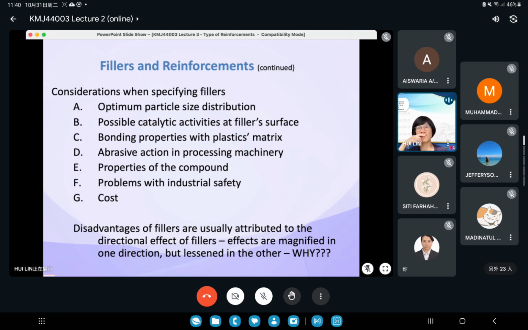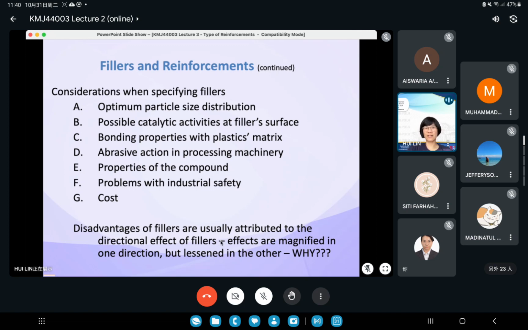So diamond is not only for decoration to make jewelry, but it is a useful material because of its high hardness. But anyway, it is quite fragile. So in order to compensate for the brittleness of the ceramic, we can incorporate it with the polymer. Then it will perform very well.